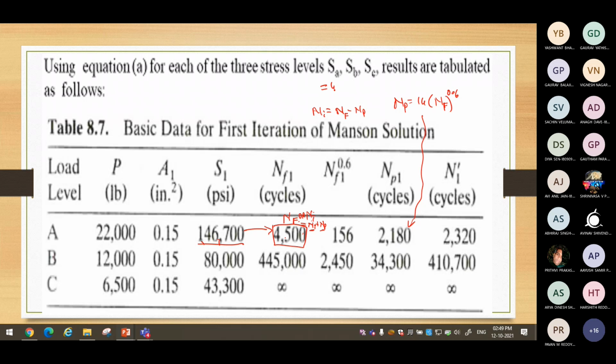So you have 4,500 minus 14 into 4,500 to the power 0.6. This will give you Ni, the initiation life. So out of 4,500, 2,180 cycles will go for propagation and 2,320 cycles for crack initiation. Total life is 4,500 when you apply this particular load.